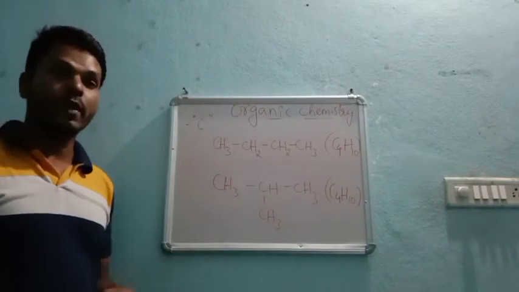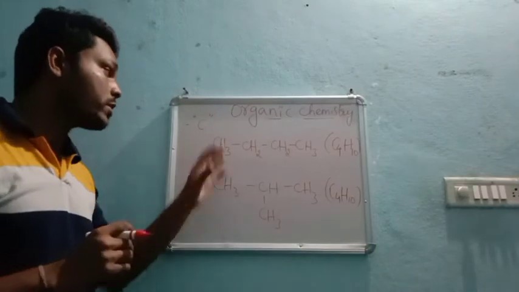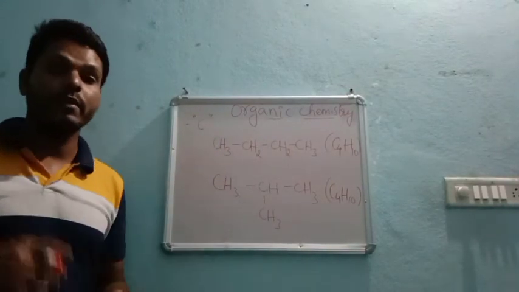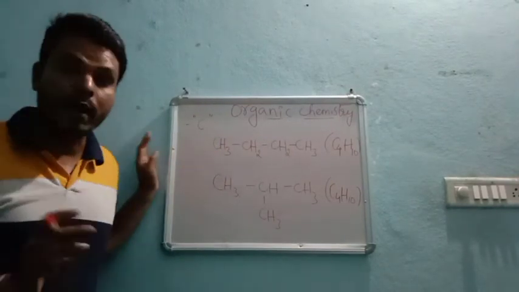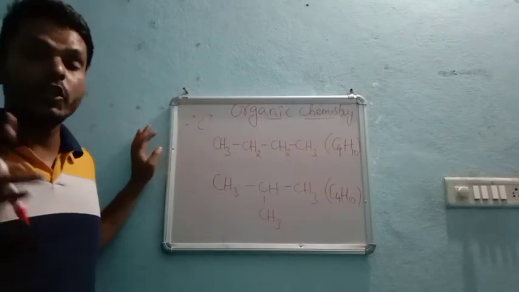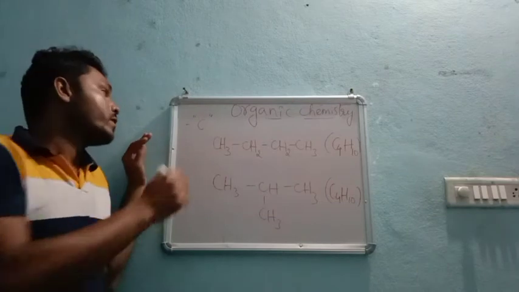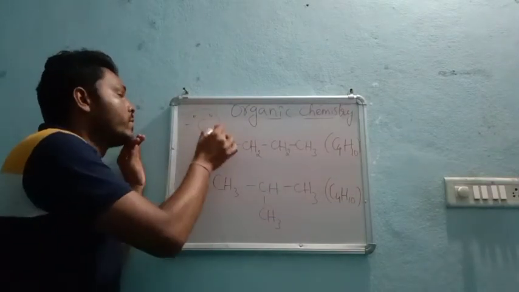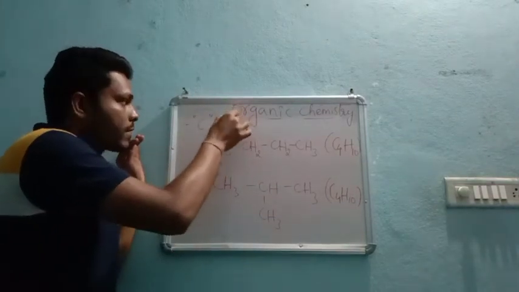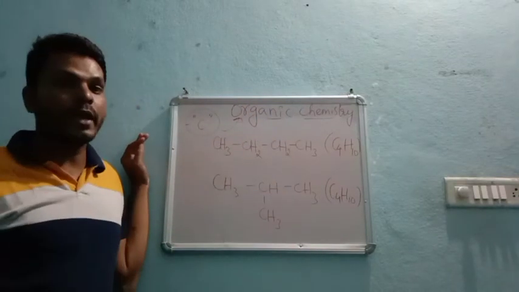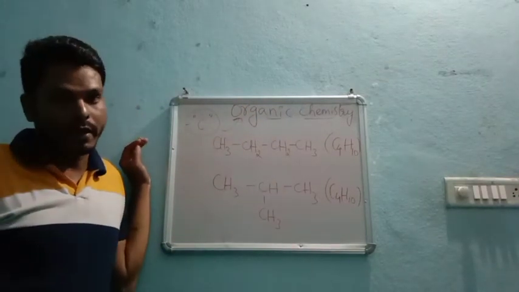Such compounds are called isomers. This type of character we can see in the case of carbon only. So these are two very important unique properties. That's why by taking this carbon we study a separate branch of chemistry, that is organic chemistry.